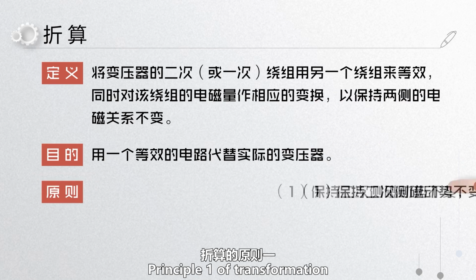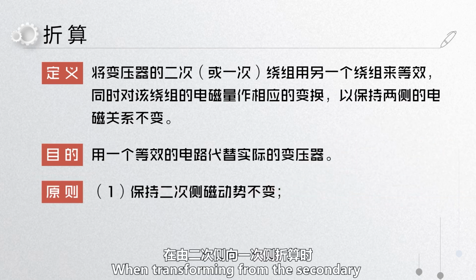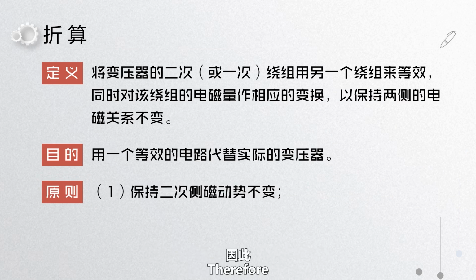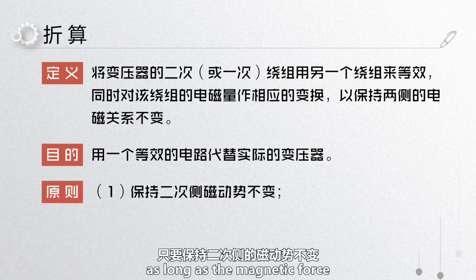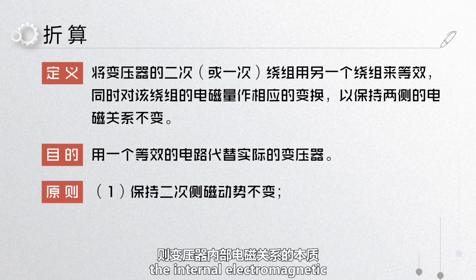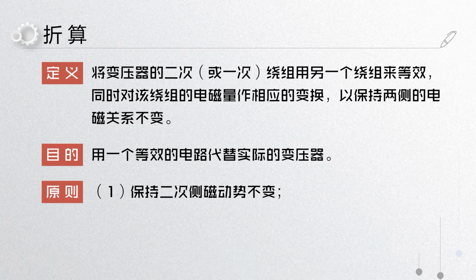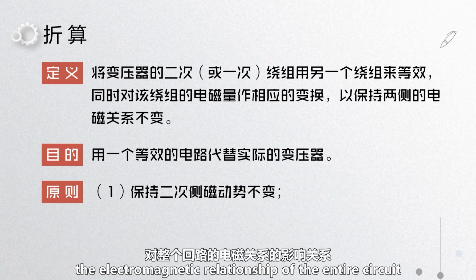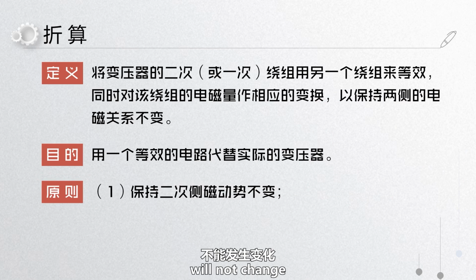Principle 1 of transformation: when transforming from the secondary side to the primary side, because the secondary side affects the primary side through magnetic force balance, as long as the magnetic force on the secondary side remains unchanged, the internal electromagnetic relationship of the transformer will not change. That is, before and after transformation, the electromagnetic relationship of the entire circuit will not change.